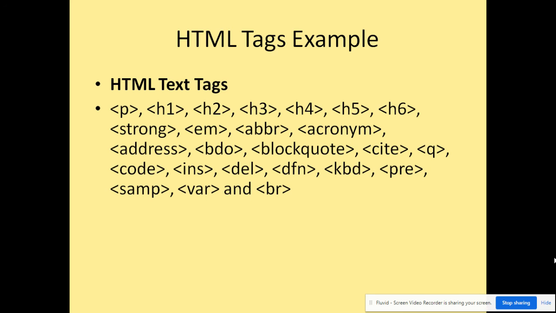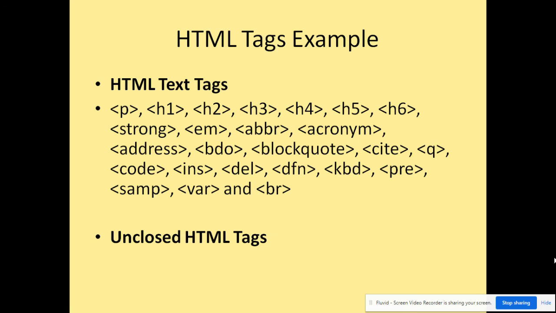These HTML text tags are for text content. Apart from this, many predefined tags are there, which we will discuss later on. More than 100 tags are supported by HTML, like the p tag, b tag, u tag, br tag, dl tag, pre tag, code tag, address tag, strong tag, acronym tag. These are the HTML text-based tags.